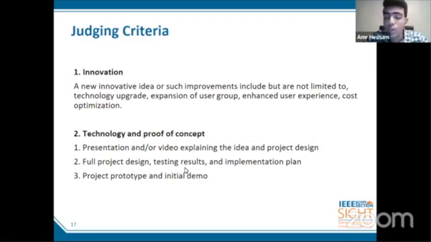You can use many user interfaces or websites to run your code and attach the project or the file of this running code to the submission on DevPost. If you can make a prototype and an initial demo, it will be appreciated. The more attachments and proofs of concept you attach, the more score you will get.